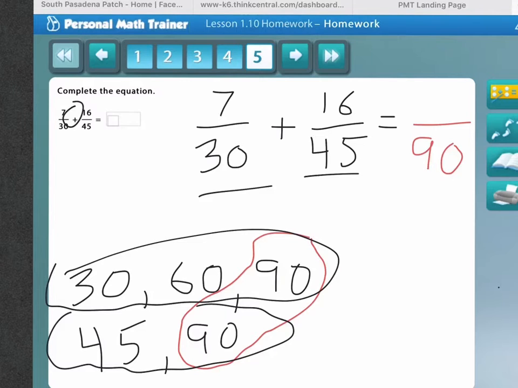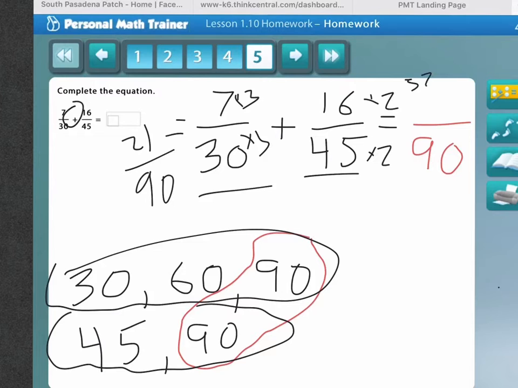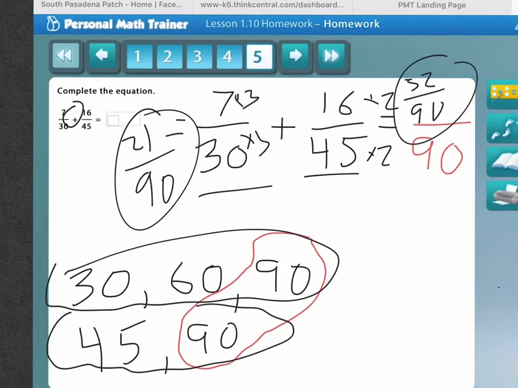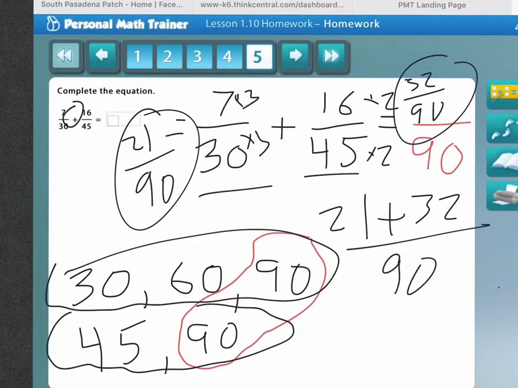So you're going to do a times 3 times 3 here to get 21/90ths, and you're going to do a times 2 times 2 here to get 32/90ths, and then you're going to add up 21 plus 32 over 90 to get your sum, and that's going to equal 53/90ths.